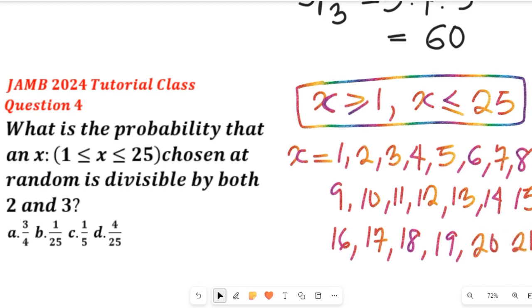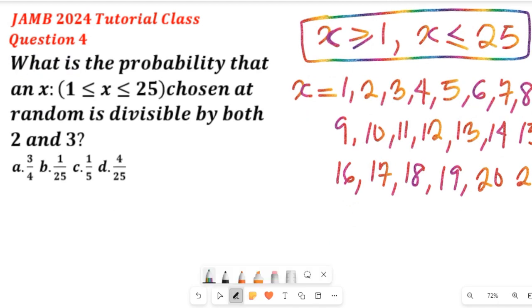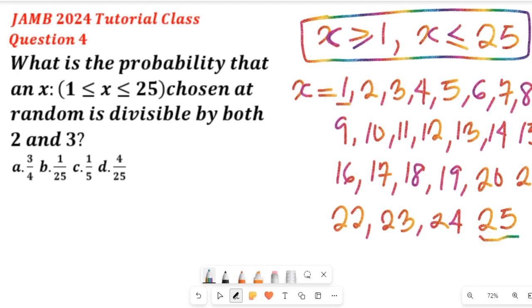All these are the values of x in that range. We'll have 22, 23, 24, and then 25, because x must be less than or equal to 25. So that simply tells us 25 and 1 are inclusive in that range.